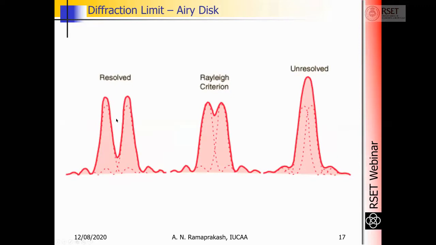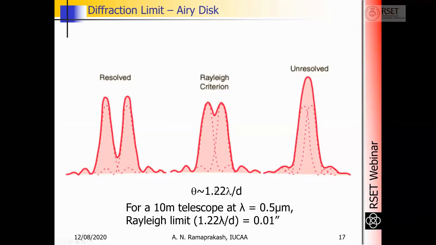So if I put two stars close by, it can be shown that with a telescope of diameter d, you will be able to resolve two objects which are as close as 1.22 lambda over d in radians in the sky. So if I use a 10-meter telescope and observe at a wavelength of half micron, the separation of objects I can see with that telescope theoretically, because of the spread of light and that Airy disk pattern, is 0.01 arc seconds.